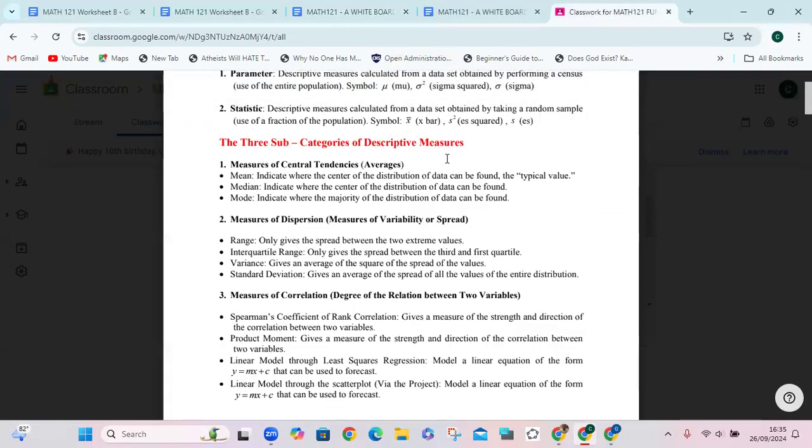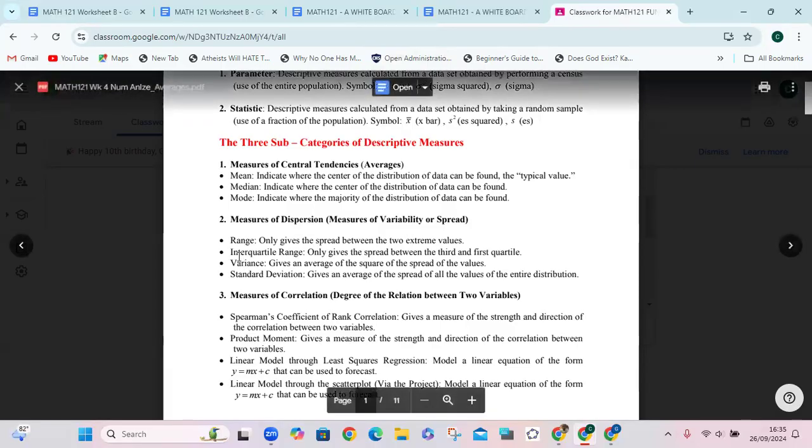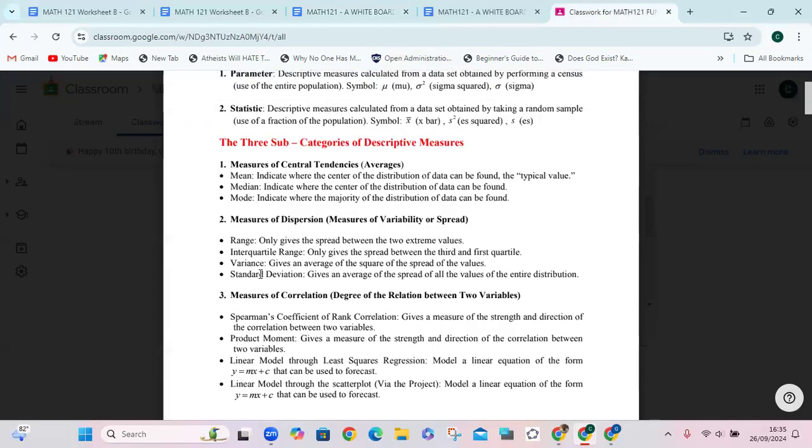This is explained in the prior video. You have the mean, median, and mode, central tendencies, but you've got measures of dispersion, measures of variability or spread, how different the values are from each other. So you have the range, the interquartile range, the variance, and the standard deviation. And you have measures of correlation, which we'll talk about later.